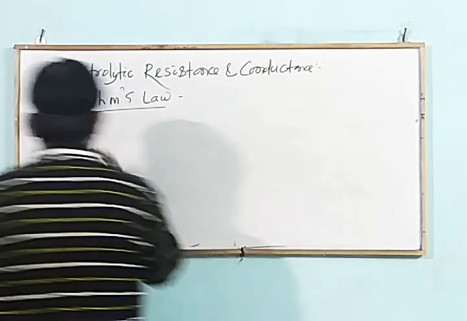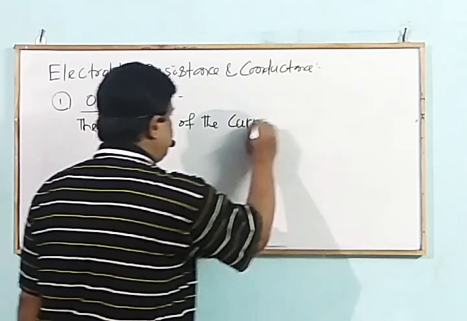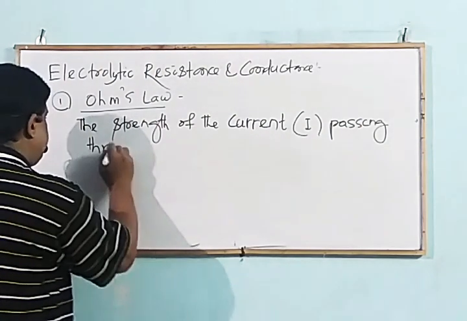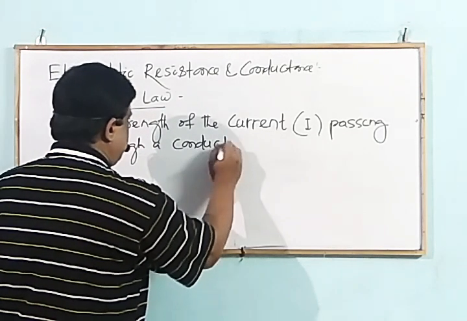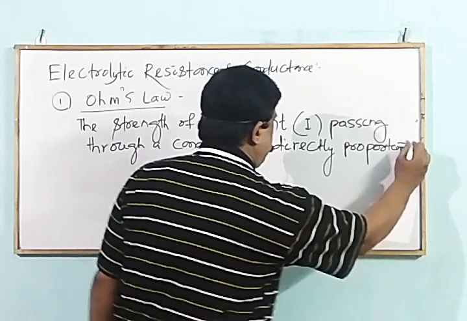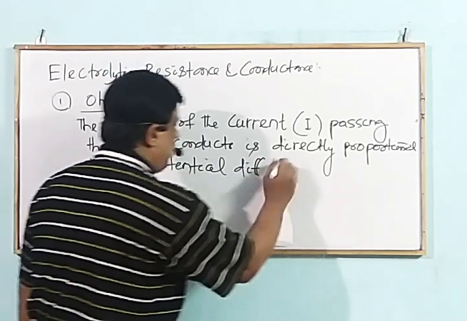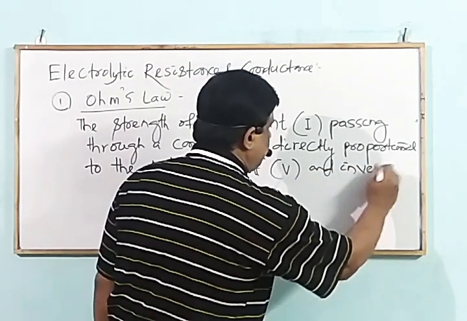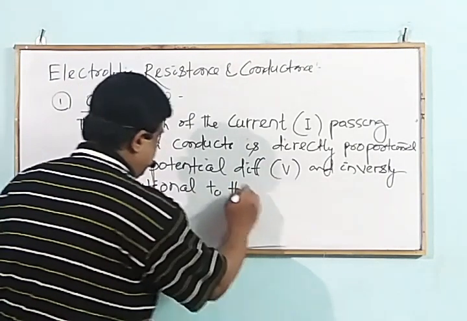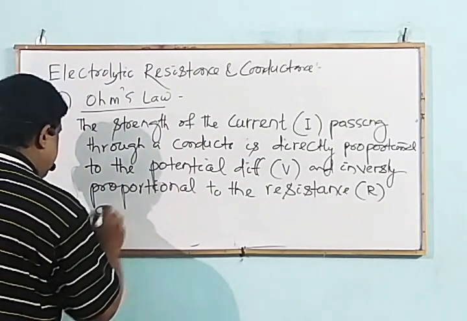I repeat again, this law states that the strength of the current passing through a conductor is directly proportional to the potential difference, symbol V, and inversely proportional to the resistance, symbol R, developed across it.